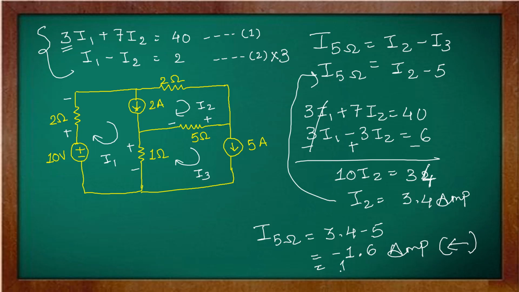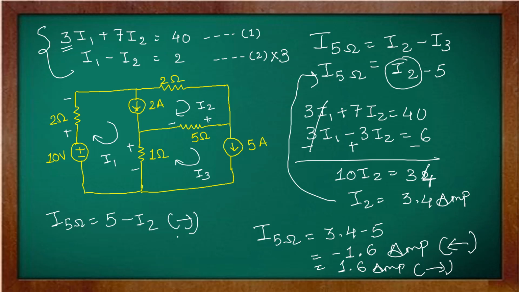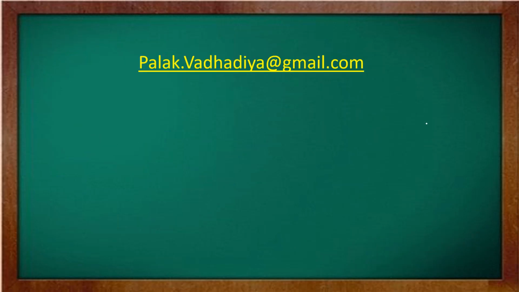If anyone writes plus 1.6 ampere, then the direction will become like this, reverse of this. Again I am repeating, here we have written I2 first, so you have to consider the direction of I2. If someone says I5 ohm is 5 minus I2, then we have to consider the direction of I3, which is in this direction, equal to plus 1.6. So I hope this example is clear.